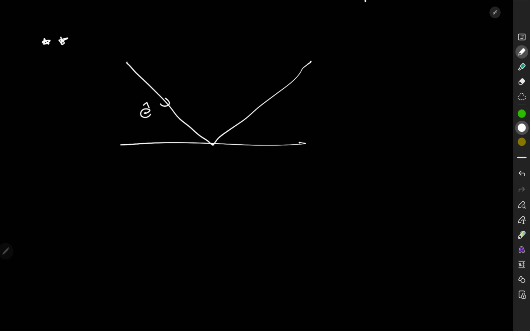Next, this is important, and sometimes the question will be asked directly from this. So if this is an emergence, let's say call it as a unit vector, e cap, and this direction as a unit vector, and let's say this is n cap, the normal, and this is theta and this is theta.